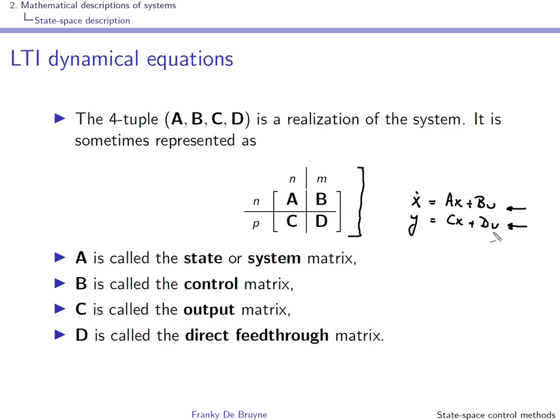It expresses the direct influence of the input on the output. Very often D is equal to the zero matrix. For a physical system, there is no direct instantaneous influence of the input U on the output Y.